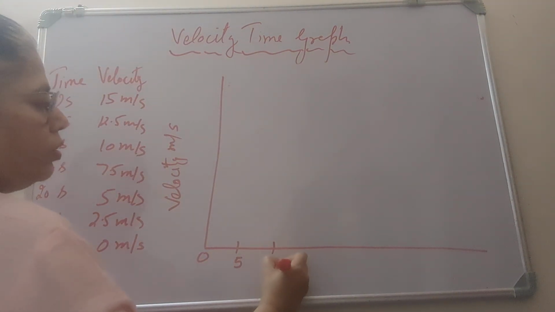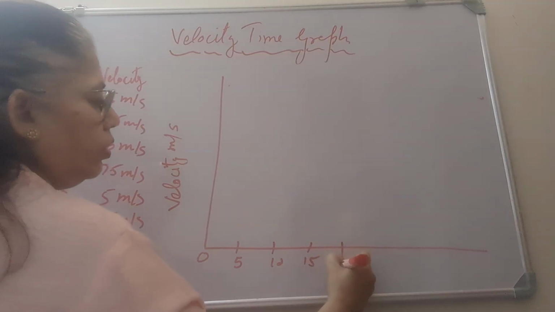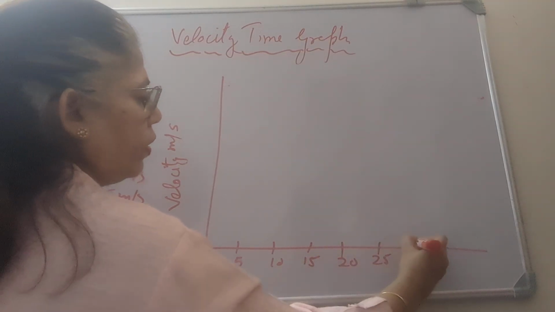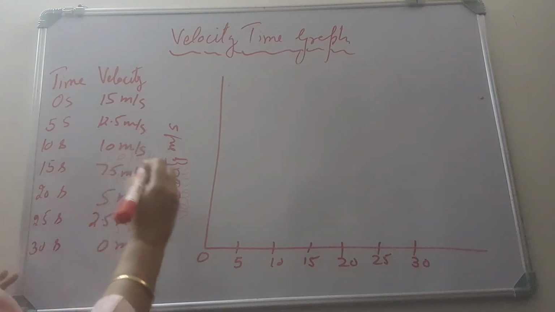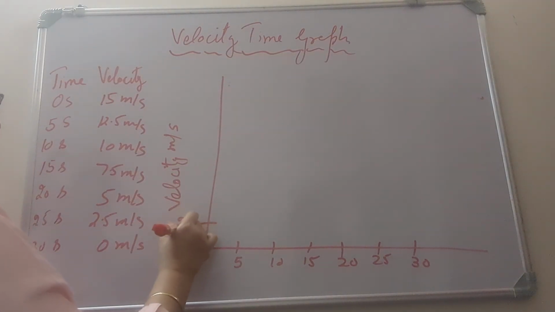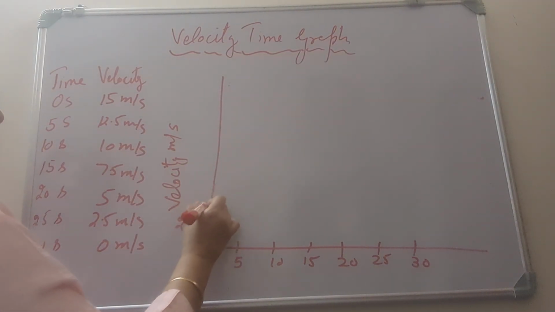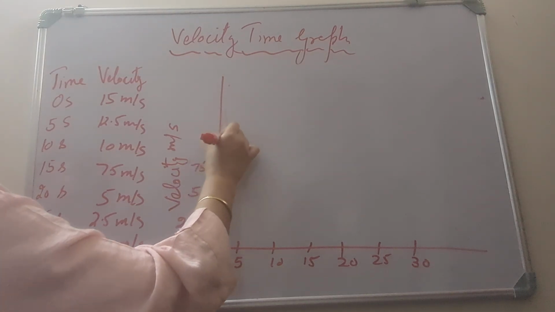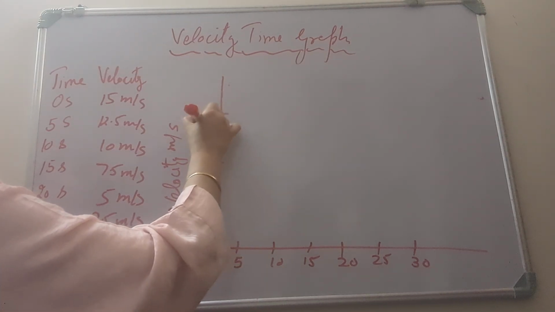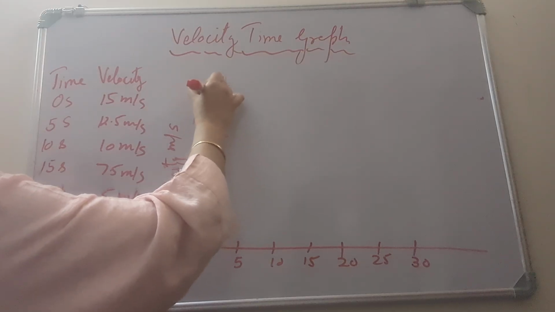Time in seconds is 5, 10, 15, 20, 25, 30, and velocity is 2.5, 5, 7.5, 10, 12.5, 15.